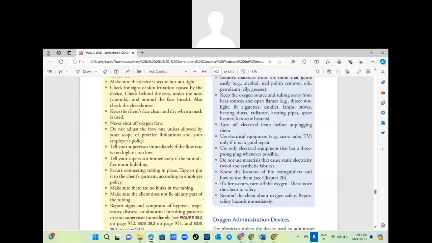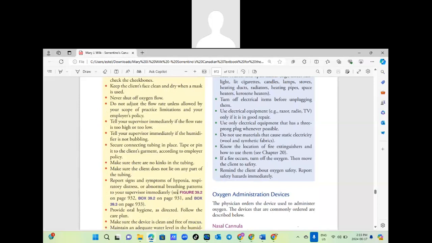Make sure that there are no kinks in the tubing. No folds or kinks, so that the tubing is patent and the flow of air is adequate. Make sure the client does not lie on any part of the tubing. Report signs and symptoms of hypoxia, respiratory distress, or abnormal breathing patterns to your supervisor immediately.